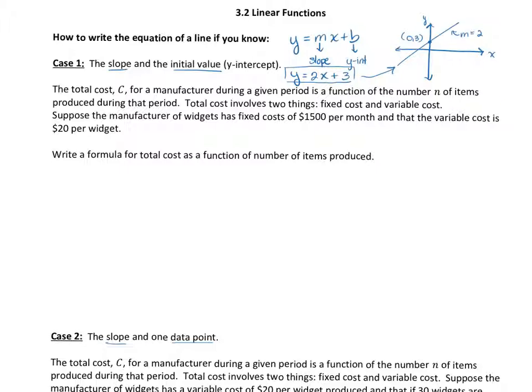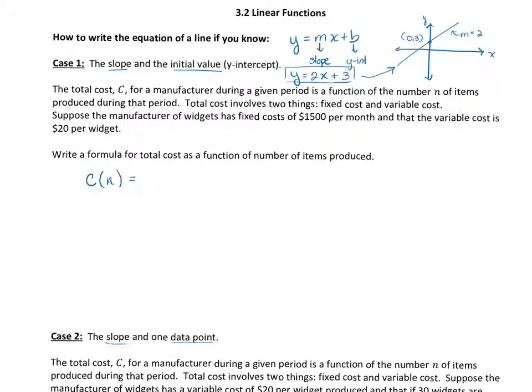We know that total cost involves two things: fixed costs, which don't change no matter how much n changes by, and variable costs, which do change. So suppose the manufacturer of widgets has fixed costs of $1,500 per month, and that the variable cost is $20 per widget. So we want to come up with some formula for C as a function of n.